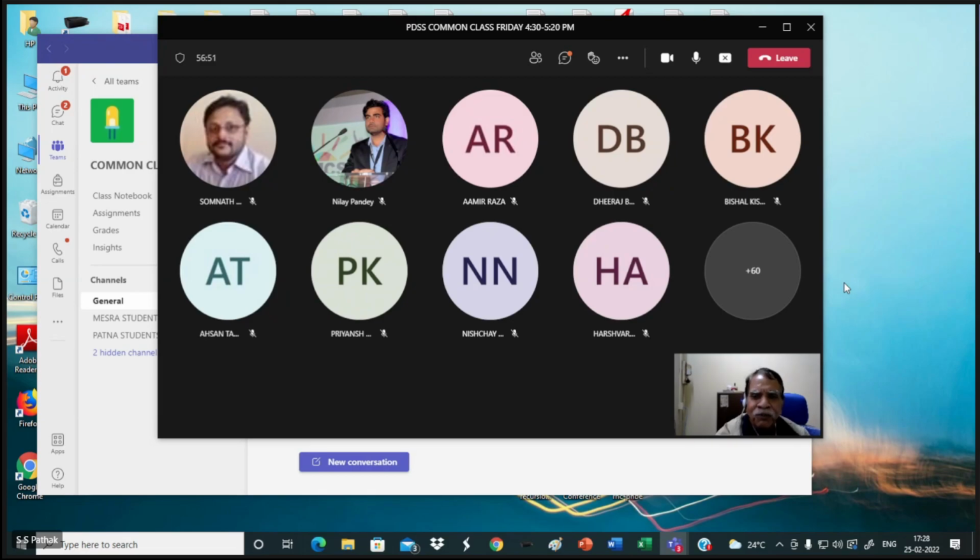This I have not uploaded because this was more of a discussion kind rather than conceptual talking. V output equals A plus B e to the power minus t by tau.